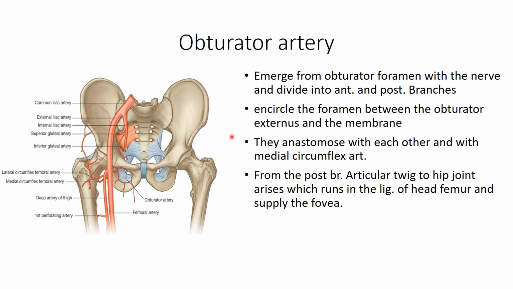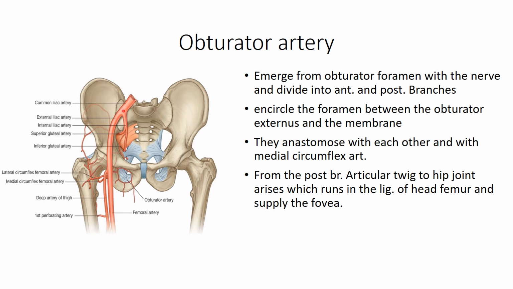And this is the vascularity of the medial compartment, but it only supplies it proximally, as distally the main supply is by the profunda femoris, which gives rise to the artery to the adductors. So this obturator artery, as you can appreciate, arises as a branch of the internal iliac.